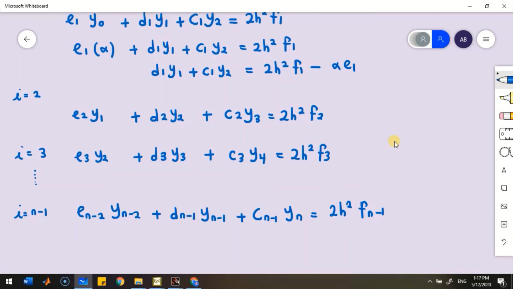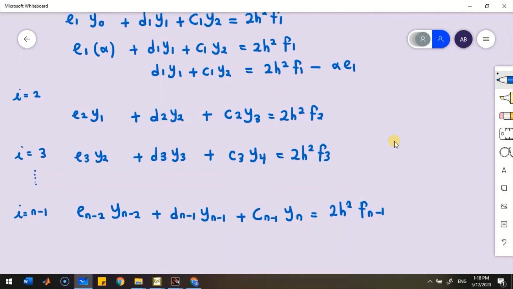Okay, and then remember this is way beyond our boundary. We don't have the value here, so it's going to be 0. And what is n minus 1? Okay, so the only term we have will be, we have to be careful how we write this later on, c at n minus 1.